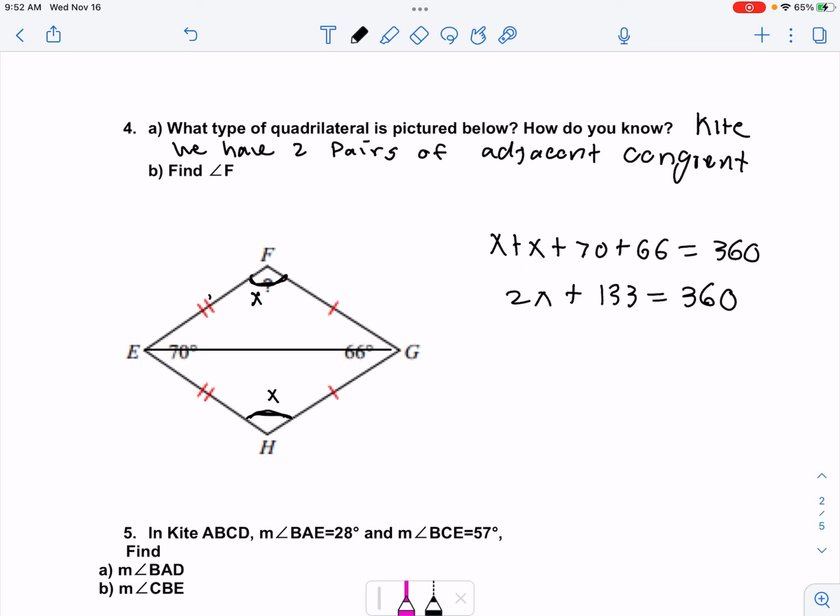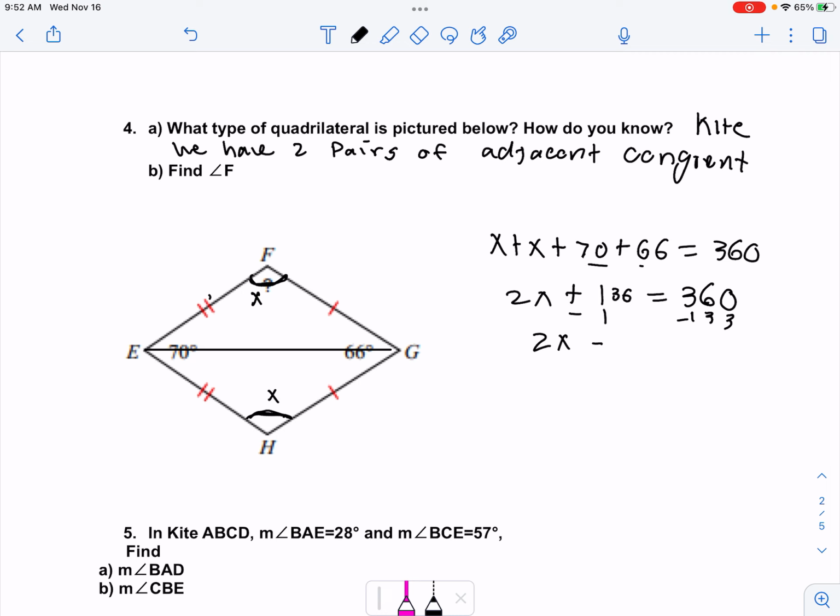Right, that's 133. And then we're going to subtract 133 from 360. And I'm going to get, when I subtract, you get 227. Right? Let me double check. 70 plus 66 is indeed 136. Why'd I put 133? This is 136.